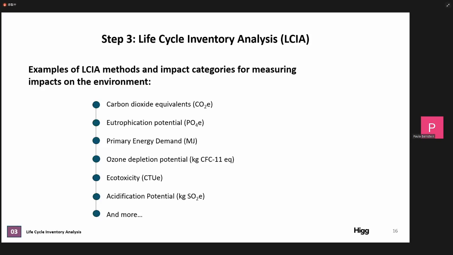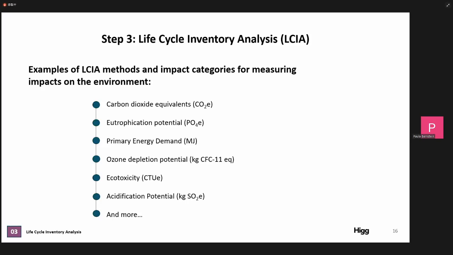Back before I was part of Higg, the Product Advisory Council at the Sustainable Apparel Coalition examined a lot of different methods based on a few different criteria, such as relevance to the apparel industry, completeness, scientific robustness, acceptance in the LCA community, et cetera. And they landed on the impact areas that we have in the MSI today.